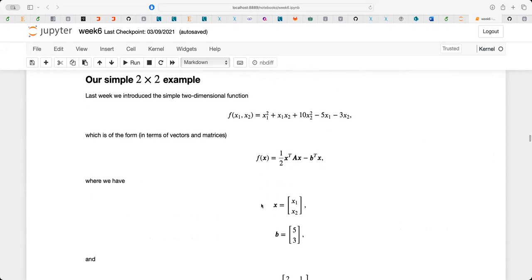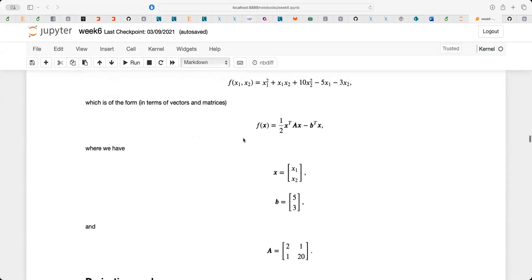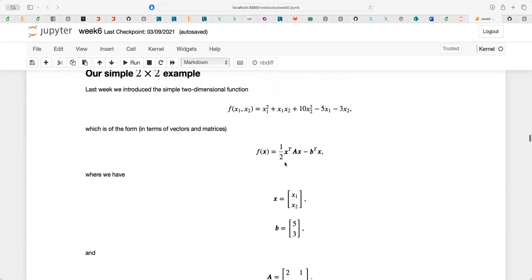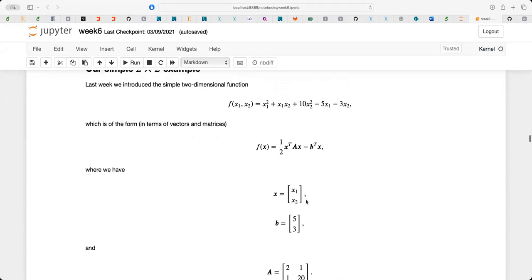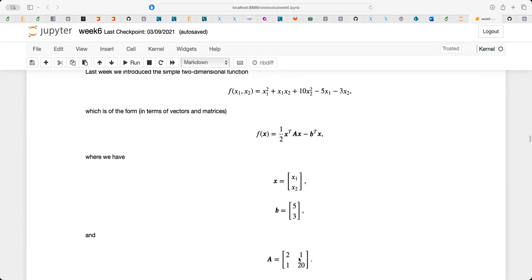But we are going to look at this example here, which we discussed last week. And now you see that this is an equation. If you look at this function, which depends on x1 and x2, we can rewrite that function in terms of a vector x, which is just x1, x2, and a matrix A, which is this one.